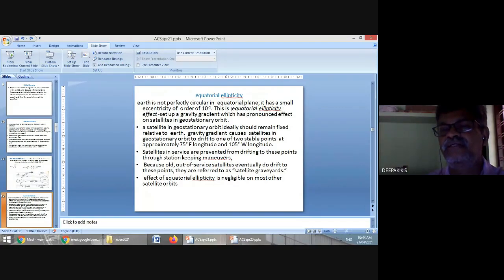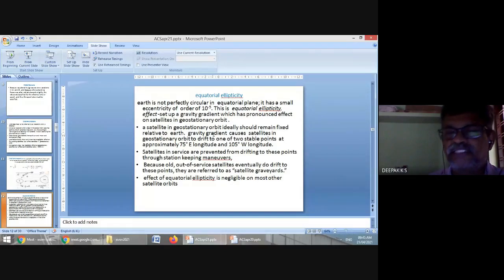At the equator, it is not actually a circle. So the effect is to set up a gravity gradient, a variation in gravity, which has a pronounced effect on satellites in geostationary orbit. This deviation from a perfectly circular shape at the equator, called equatorial ellipticity, will set up a gravity gradient.